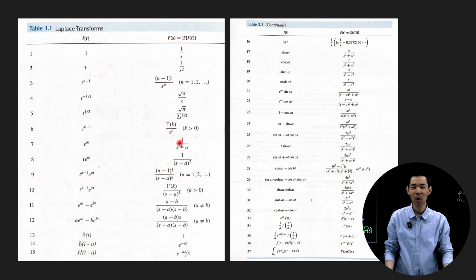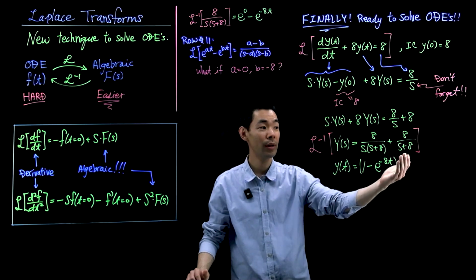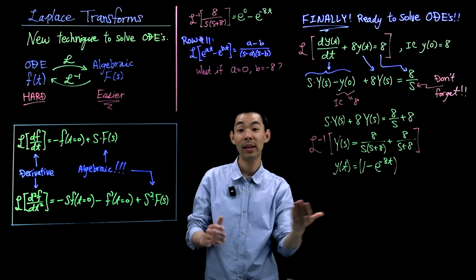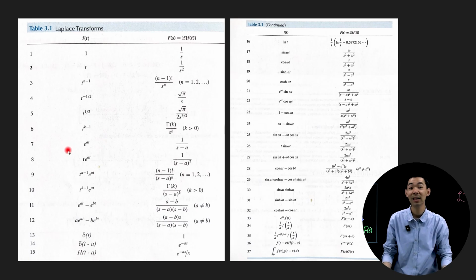And we have 1 divided by s minus a inside the table. So if a, over here in the board, were equal to negative 8, then we can exactly transform it back, and the real space function is nothing more than e to the at, which is just e to the negative 8t.